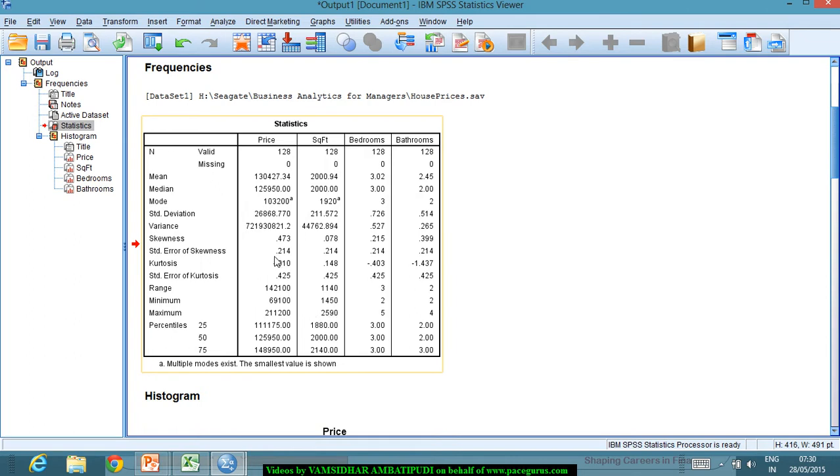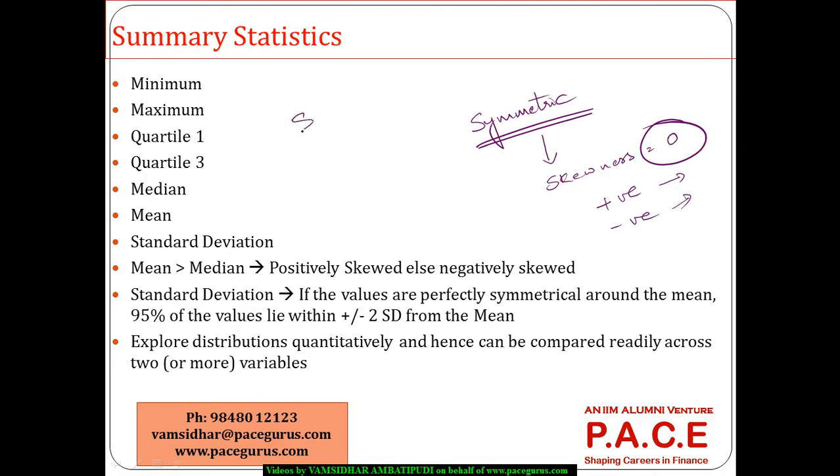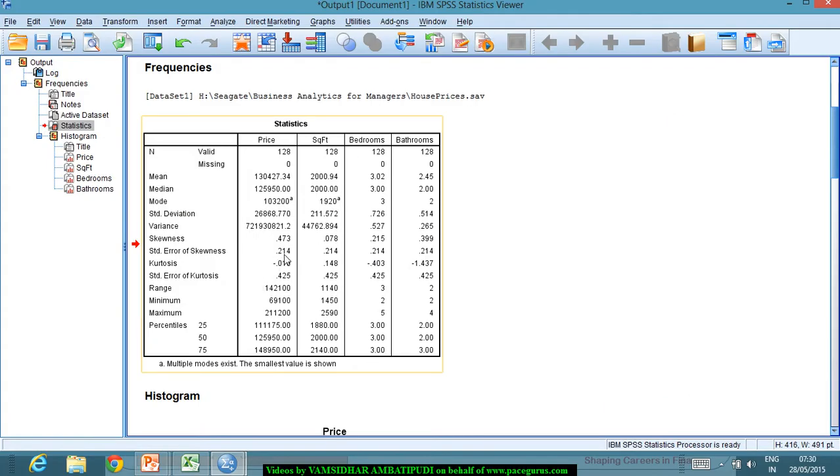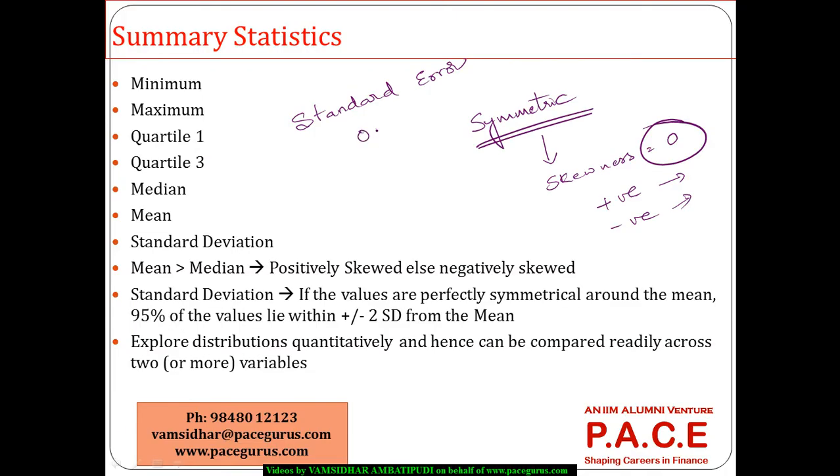This is where, in a tool like SPSS, along with the skewness we will also get the standard error of the skewness. Here the standard error has come out to 0.214.